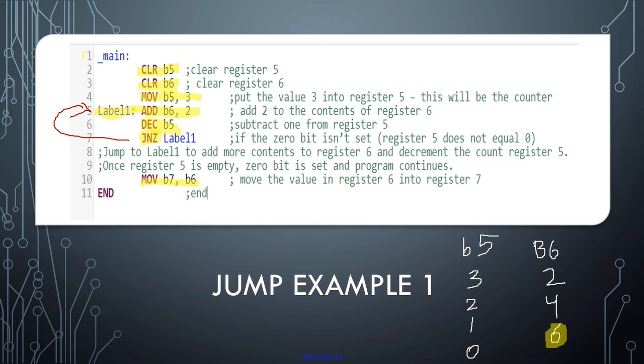If you had 10 in there, it would add 2 to register B6 10 times, and we would end up with the value of 20. And then at the end, we're just moving that value into a secondary location, another register. And then that is, of course, END, the end of our program. So this is pretty straightforward. The JNZ, jump if not 0, is just checking to see if the 0 bit is set or triggered from the previous line of code.